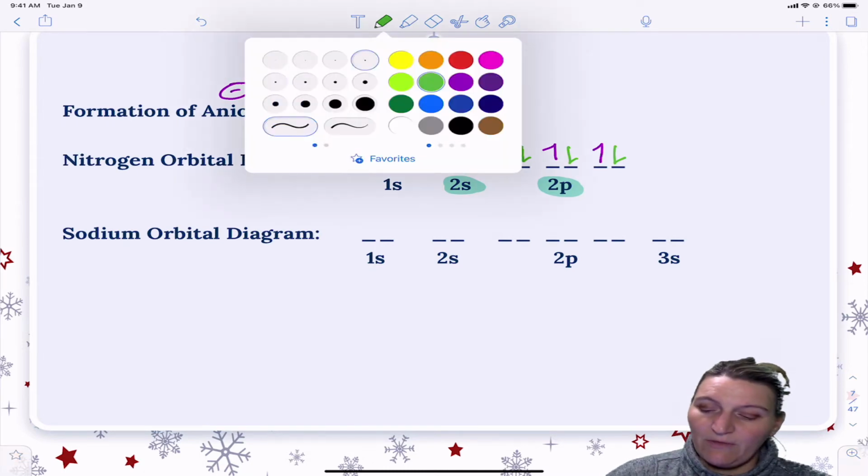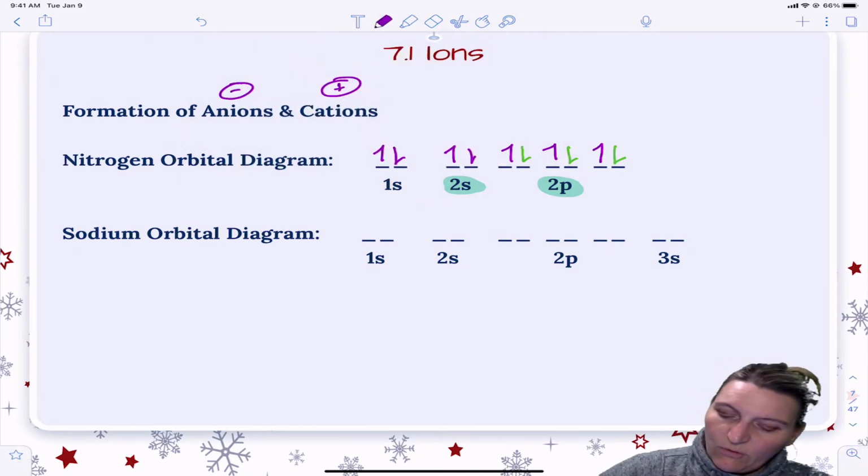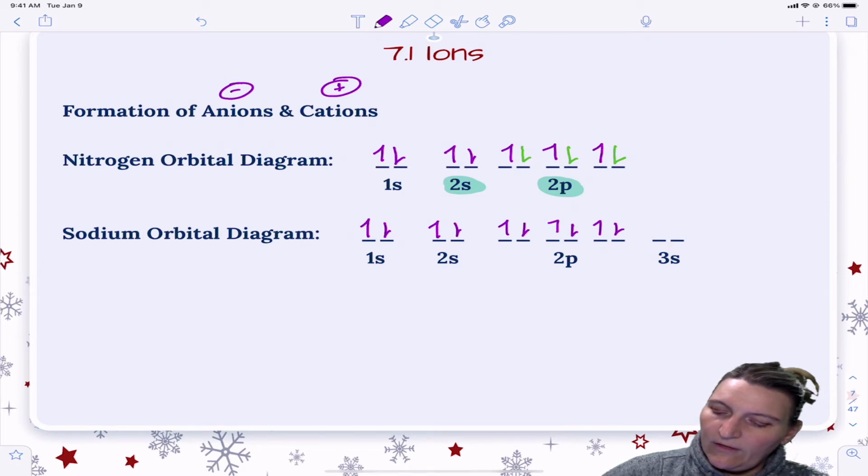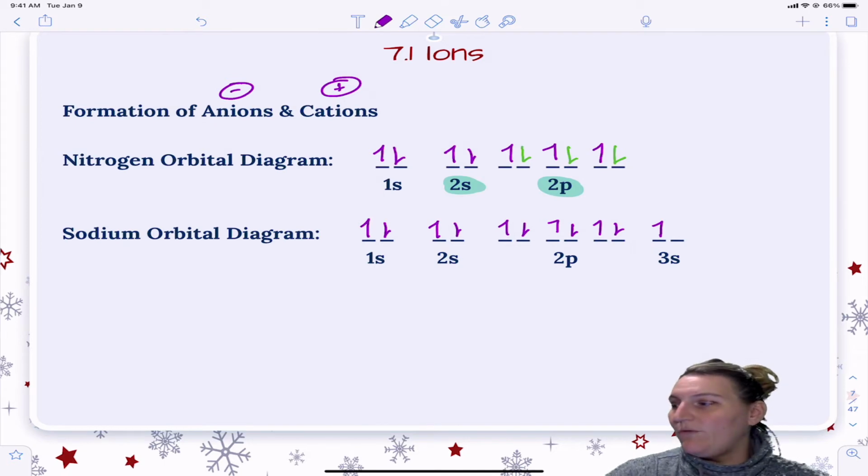If we do the same thing with sodium, sodium is 1s2, 2s2, 2p6, and 3s1. Now if you look at this, what would happen? Well, if it was going to try and get a full 3rd energy level, it would need to gain 7.